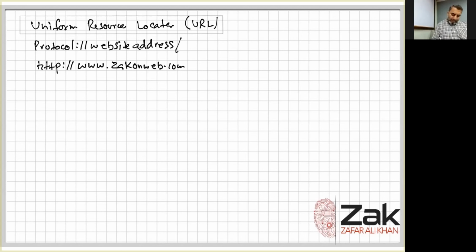Then the path, let's say a level, and then the file name, like abc.jpg.